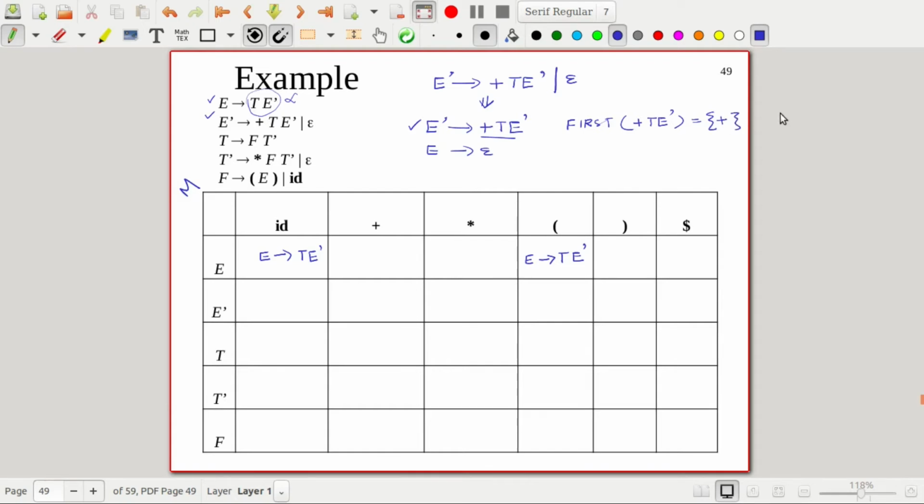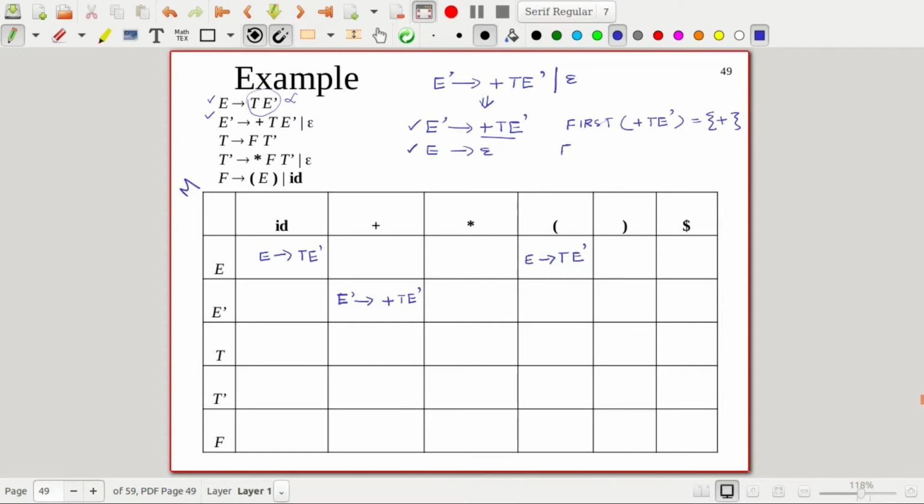We have already explained how to compute these earlier, so I will not explain it specially here. So in this case, E dash, first contains only one element, plus, so we have to enter E dash gives plus T E dash. Then we have to consider the next production, E dash gives epsilon.